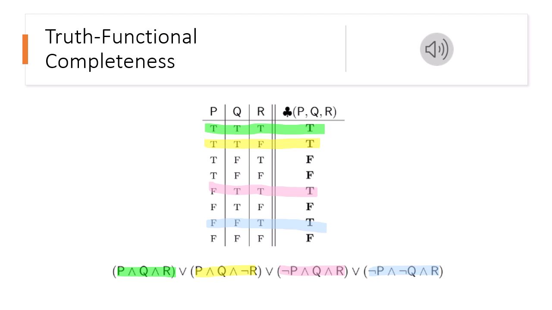Okay, so now let's go back to step 1. Remember, in step 1 we create these conjunctions for each of the rows, but since these are the only 4 rows marked with a T, these are the only 4 that we'll have to write down in our formula. Let's focus on that top row in green.